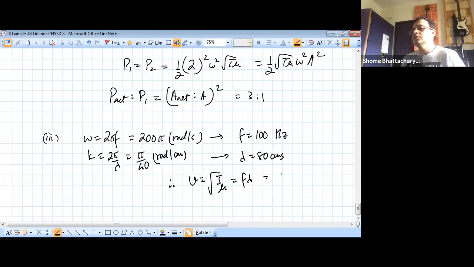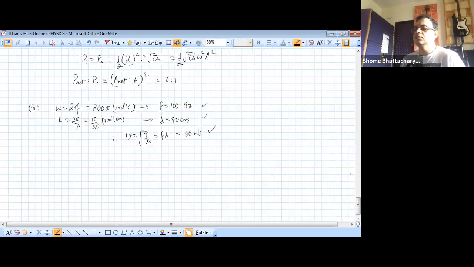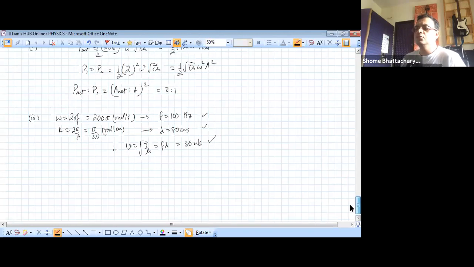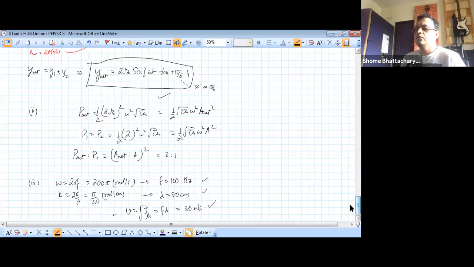So it is 8,000 centimeters per second, or you can see it is 80 meters per second. So this is the propagation speed, this is the frequency, this is the wavelength. So these are the additional informations about the resultant wave. Very simple, nothing tricky about this. Formula based. In fact, this one was even simpler because the individual amplitudes were also the same.